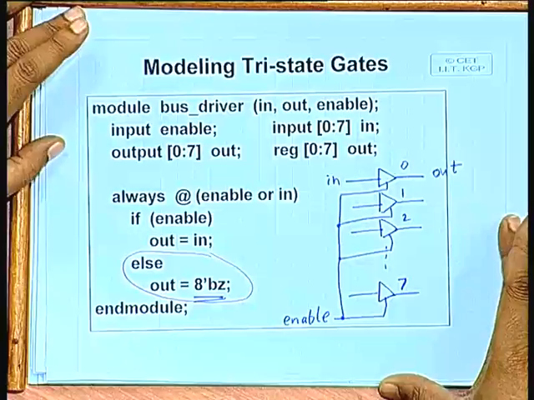So we have seen so far that using the Verilog language we can model combinational logic, and we can model some sequential logic also. Now we will see specifically how we can model FSMs, finite state machines.